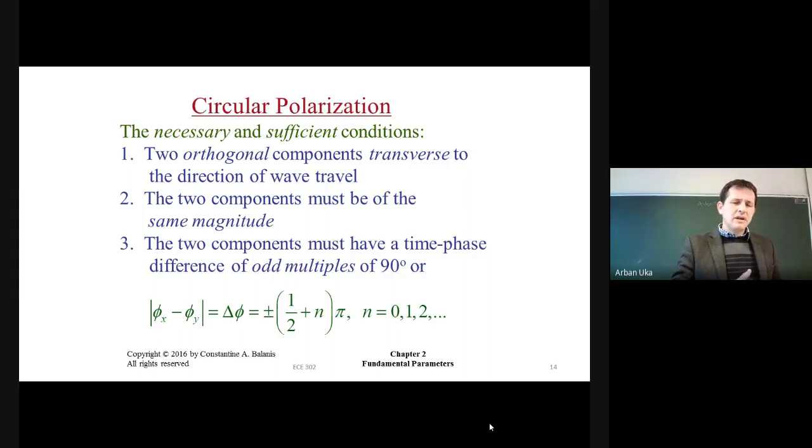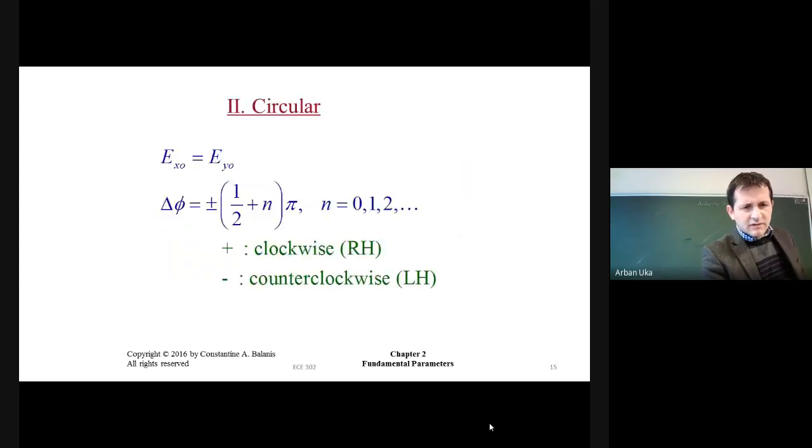The projection of the electric field on this plane, which we also call a constant phase plane, of Ex and Ey have to be of the same magnitude, and there should also be a specific phase difference. This would be the circular wave. We have the right-hand side, which would be clockwise, and counterclockwise would be the left-hand side wave, depending on how it propagates.